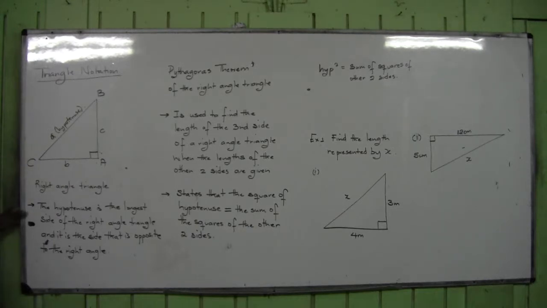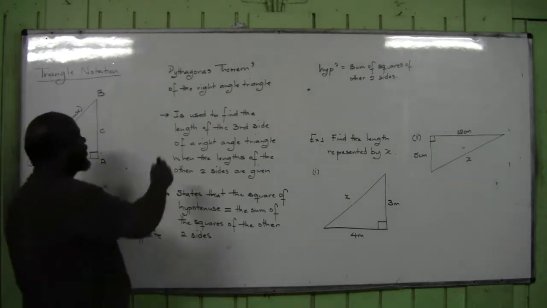Ladies and gentlemen, the hypotenuse is the longest side of the right angle triangle, and it is the side that is opposite to the right angle.